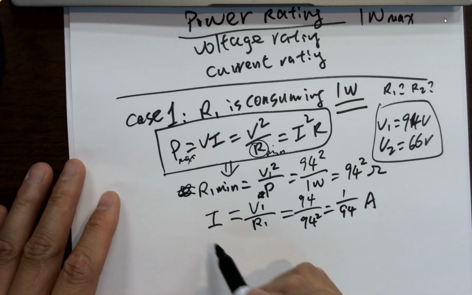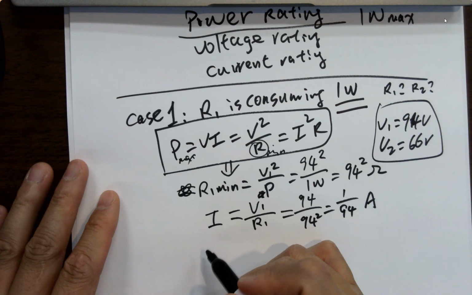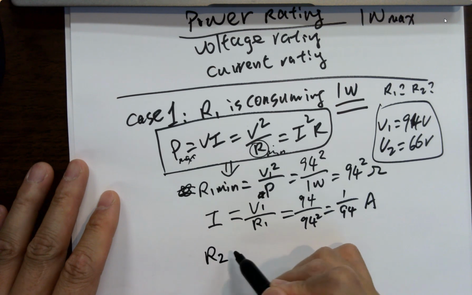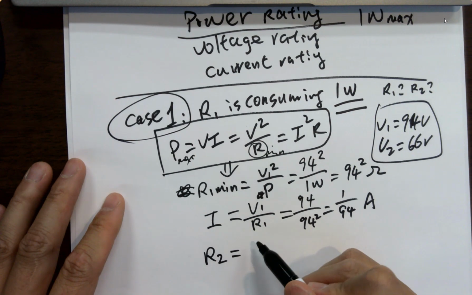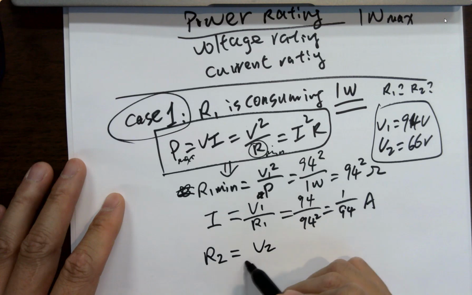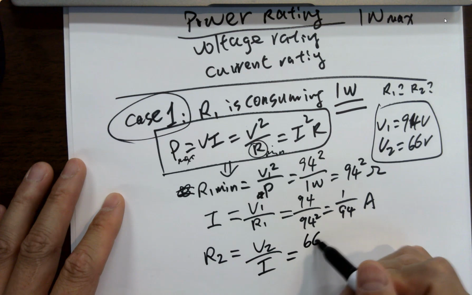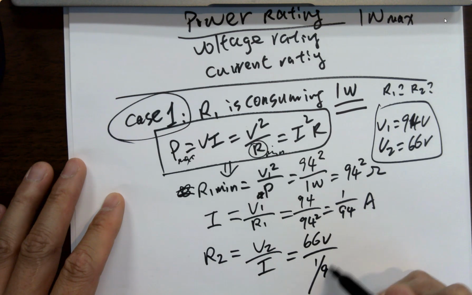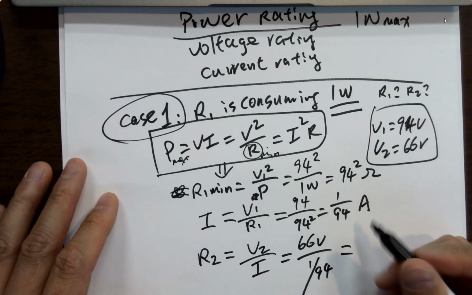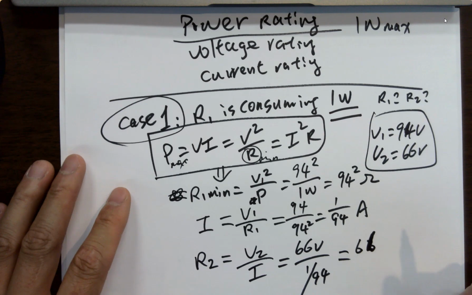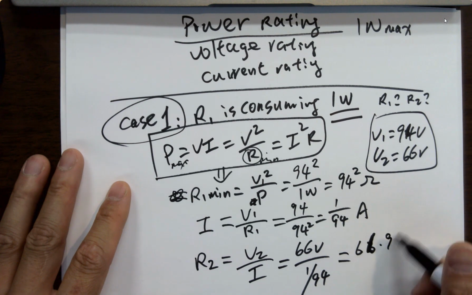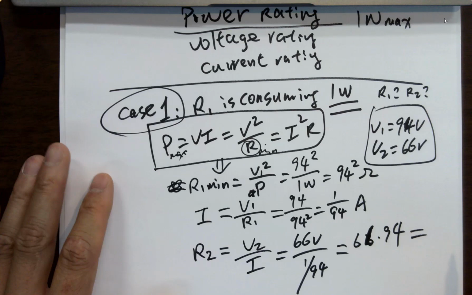Since we know I, we can calculate R2 in this case. That's case 1. Because V2 is given, R2 is V2 over I, which is 66 volts over 1 over 94 amps, so 66 times 94. That's R2.